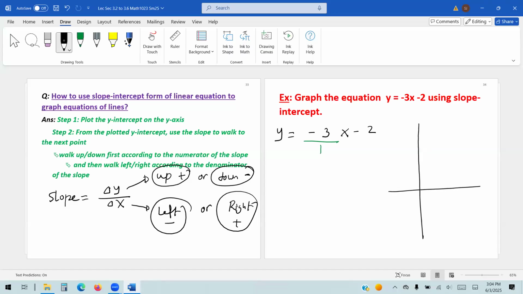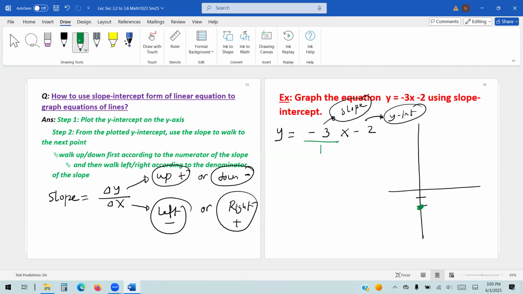What is our y-intercept here? Negative 2. This is the y-intercept, and this is the slope. So you start from the y-intercept, negative 2. You plot your first point at negative 2.